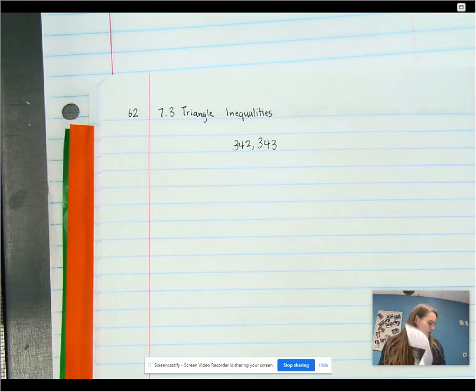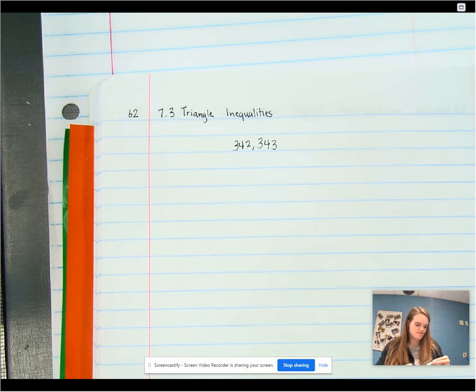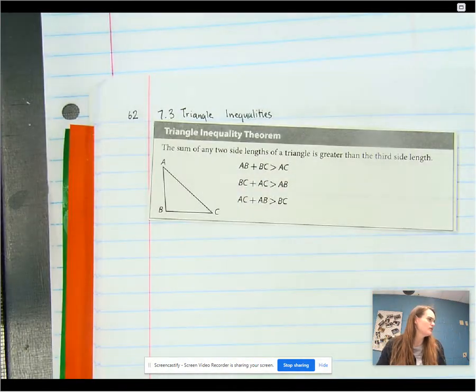From 342, you need the triangle inequality theorem. That's all you need from that page. From 343, you need something from the front and the back.